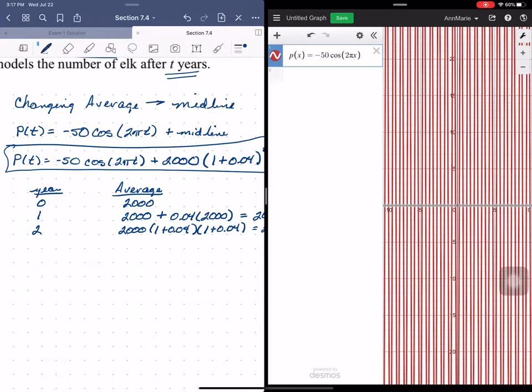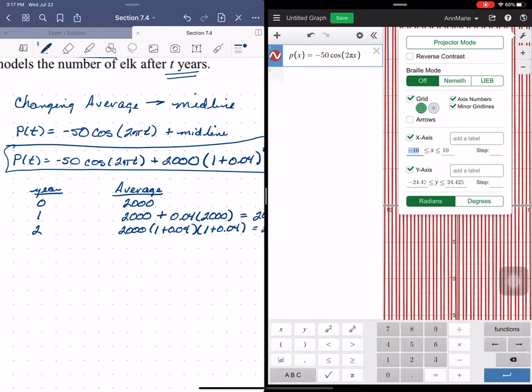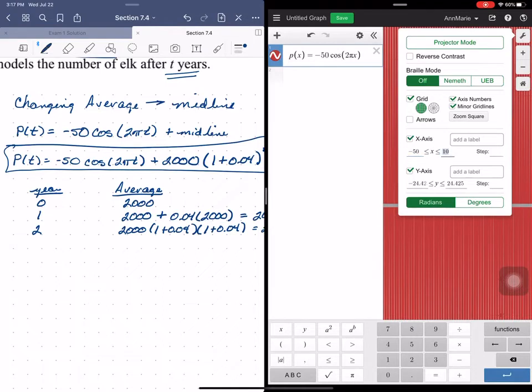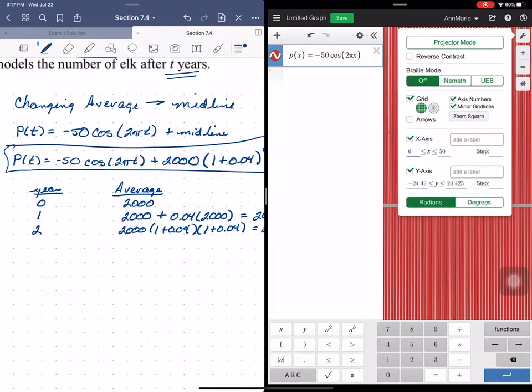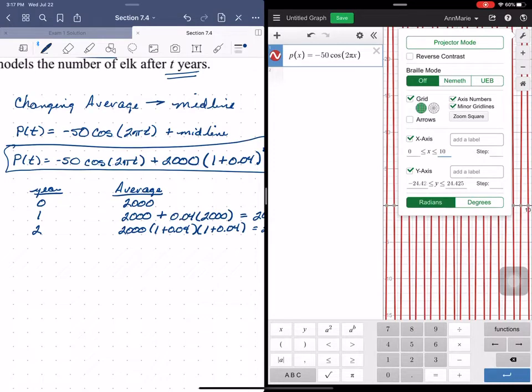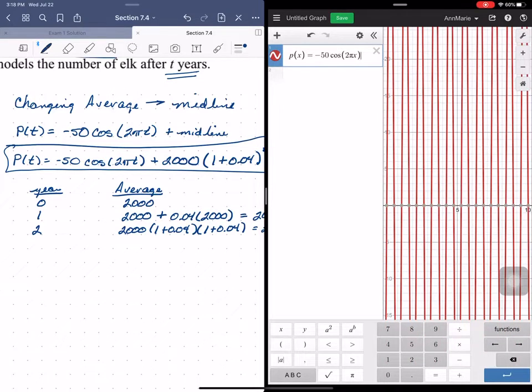All right, so let's change that. See, now negative 50 to 50, that doesn't make any sense because we're not going to have negative 50 elk, so already we know that my function's not complete, right? Because I haven't added on.